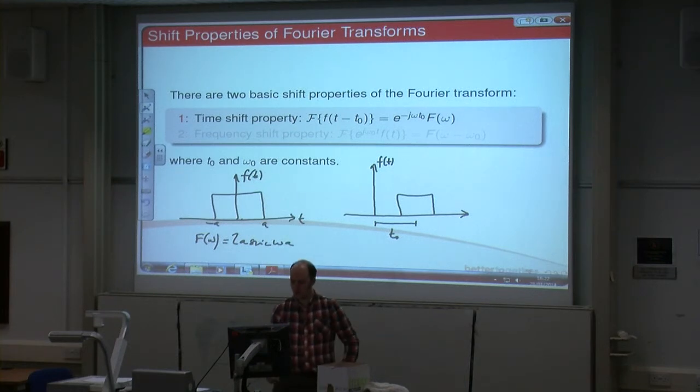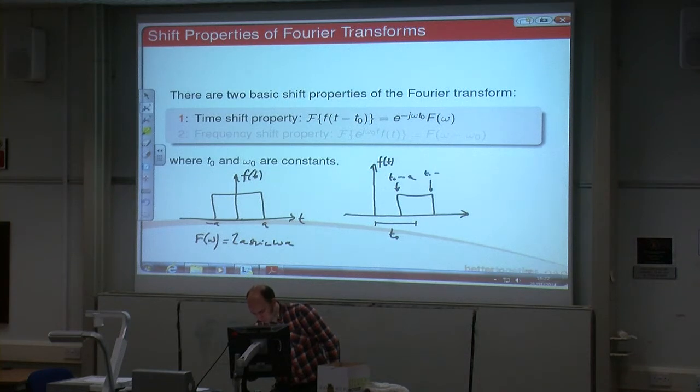Okay. But here I've shifted this off. If this point here is t naught minus a, and this point here is t naught plus a, then the width is the same. Okay.